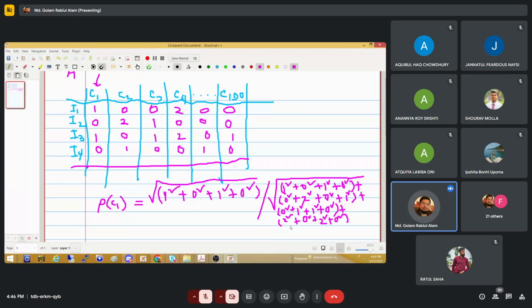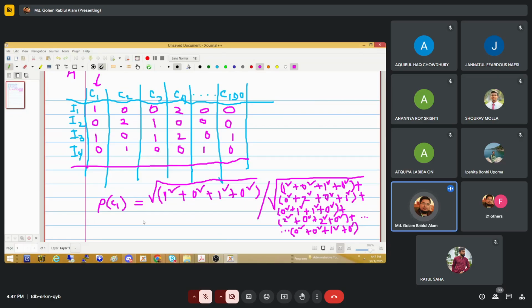In this way we have to actually compute up to 100, up to column 100: 0 square plus 0 square plus 1 square plus 0 square. Then a square root of that. Then we will get the probability distribution for the first column, that is column 1.